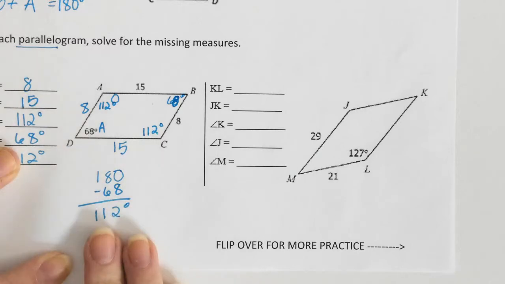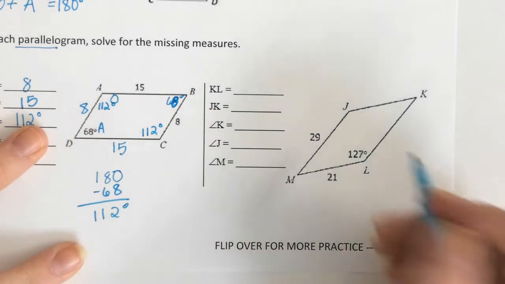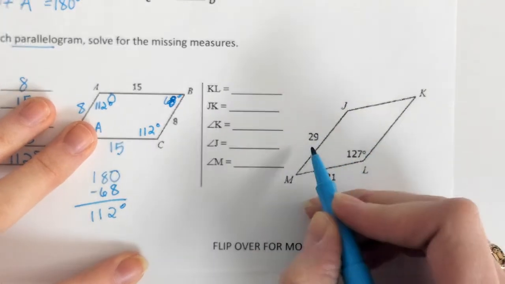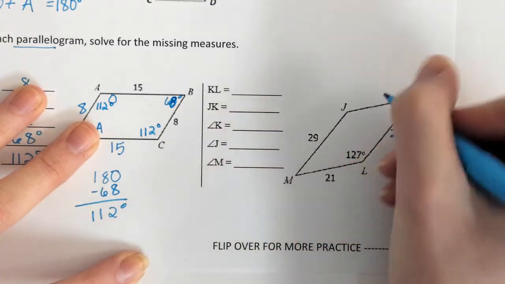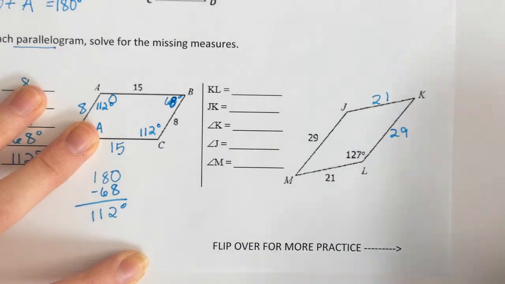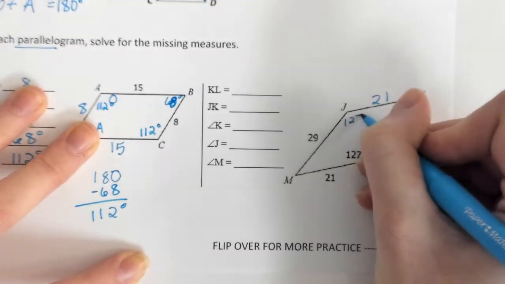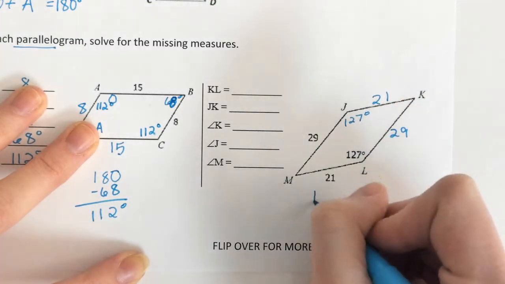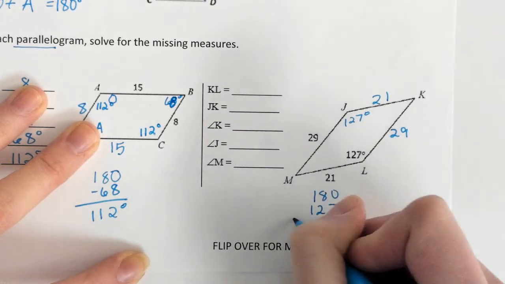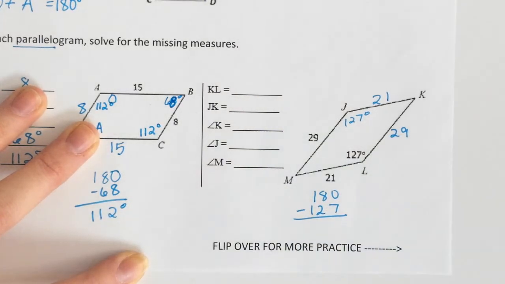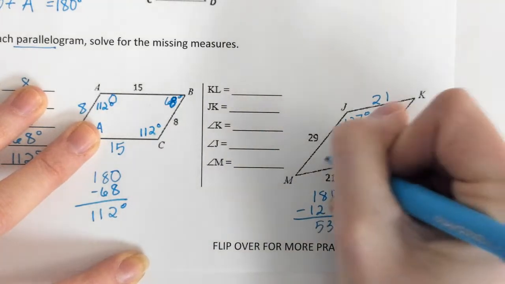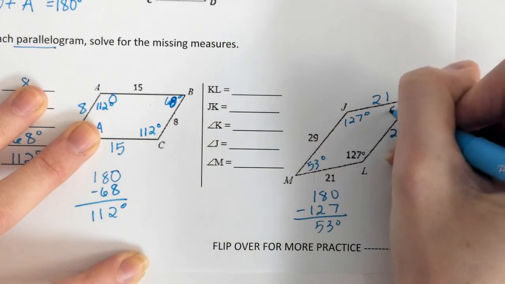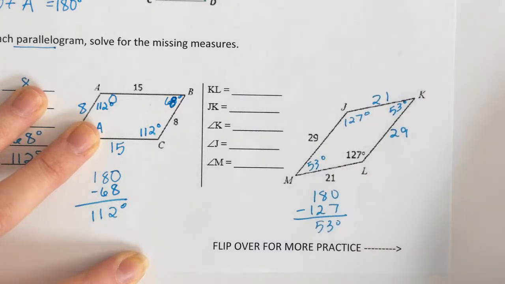Okay, hopefully you paused the video so you already tried this and you are just checking your work now. If you need to check your work, we know that opposite sides are equal and opposite angles are equal. Then we use 180 minus 127 to find that other angle, so that is 53.